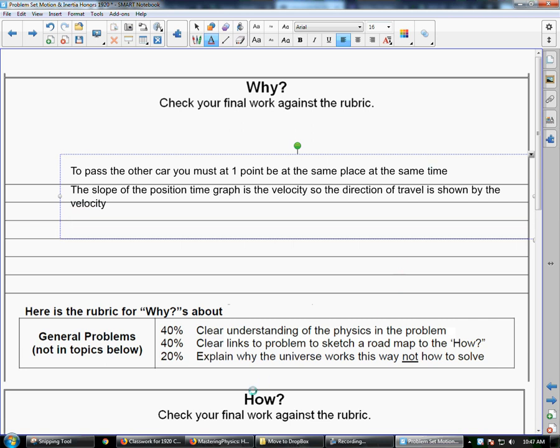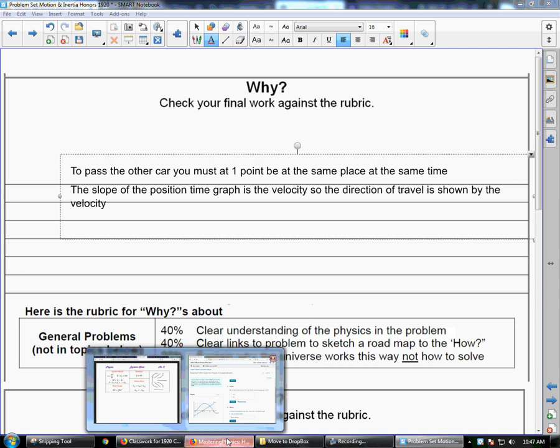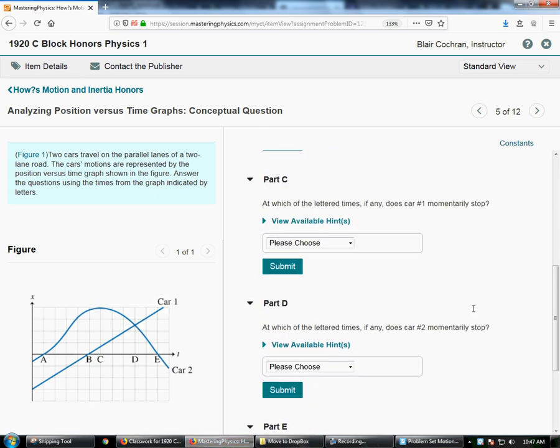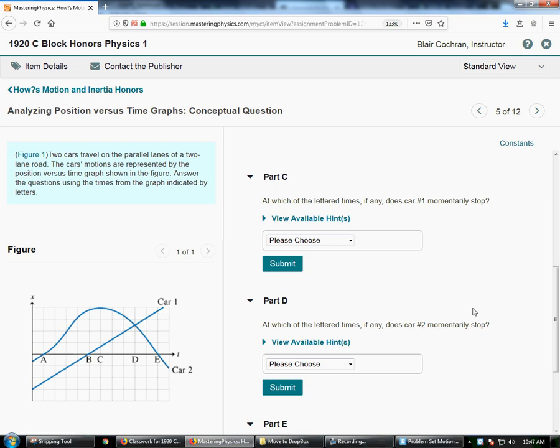Okay. I think this one's going to be more y than how. Which of the letter times, if any, does car number one momentarily stop?